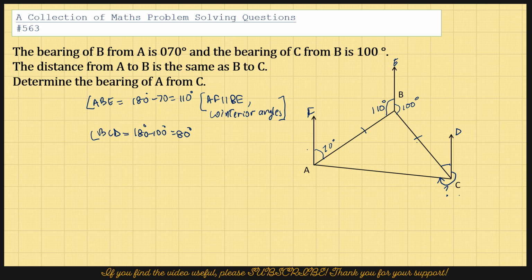Of course they're all degrees, and the reasoning is similar. So here BE is parallel to CD, and these angles are co-interior angles.